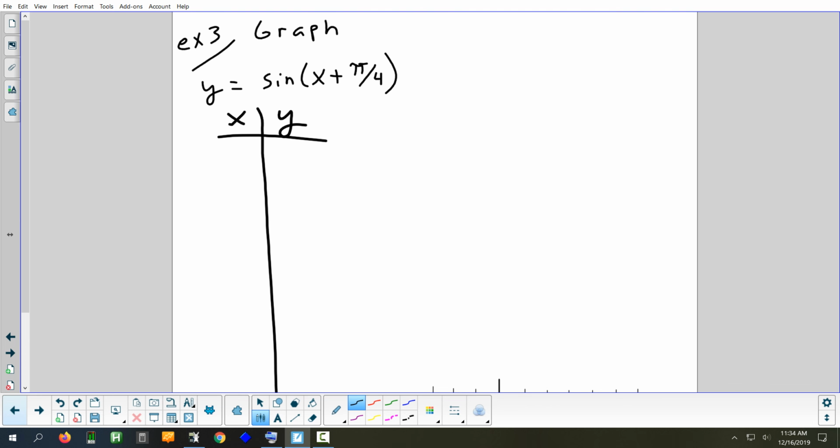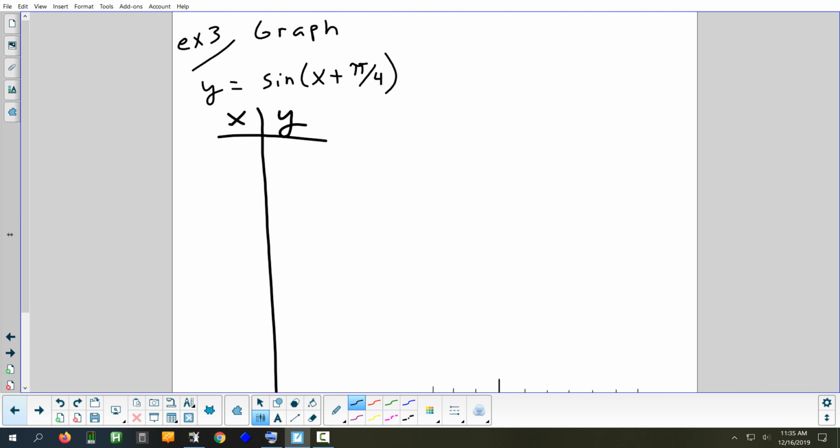So Brandon, what kind of transformation is that? Yeah, it's a phase shift, and it's plus, so it's going to go left. So x's are going to change, y's stay the same.